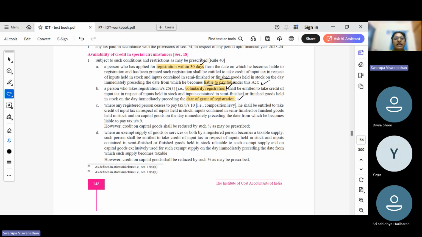Why you can take credit on the stock is, once you get registered, you are going to sell this particular stock only. The stock that was lying in your stores, that is what you are going to sell tomorrow. And when you are going to sell it, you are going to sell it with GST. So credit can be availed for the stock that is lying in the stores on the date when the registration was granted, or on the date when you are liable to get registered if you apply for registration within 30 days.